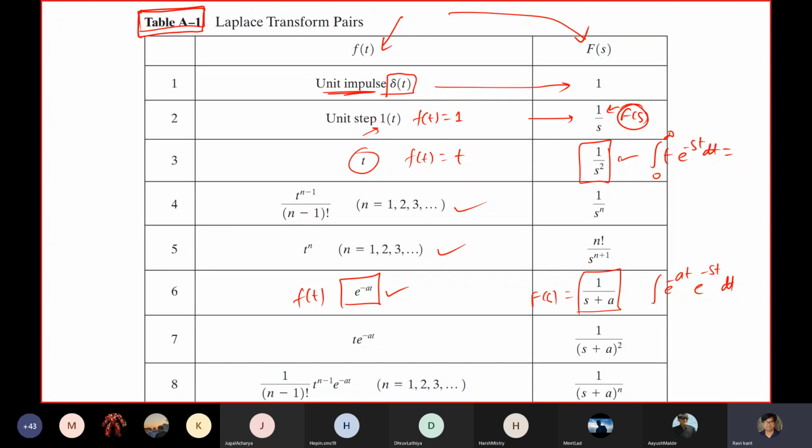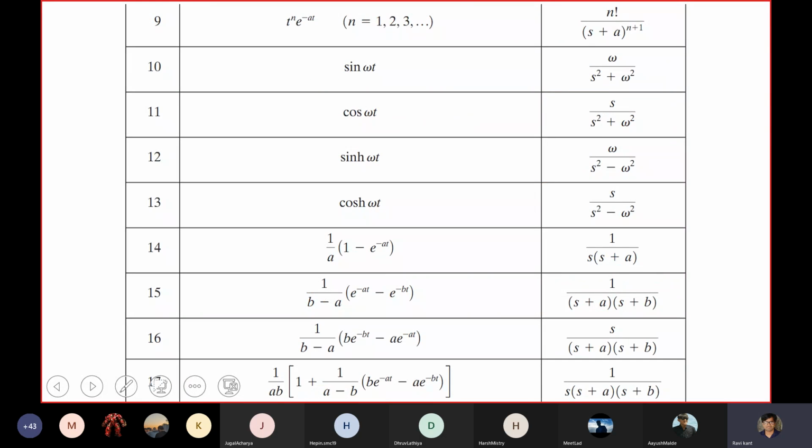Simple. So all trigonometric, all exponential, all logarithmic functions are converted back into very simple algebraic forms, which are easy to handle analytically, right?